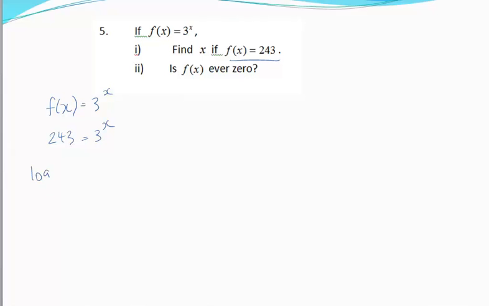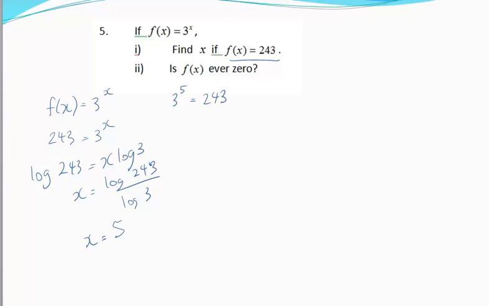So we can use log of 243 is equal to x multiplied by log of 3. We rearrange to get x on one side of the equation, divide by log of 3. Log of 243 divided by log of 3 here. x is equal to 5, and if we substitute it in our calculator, if we did 3 to the power of 5, we would get 243 here. So that finds our x here.